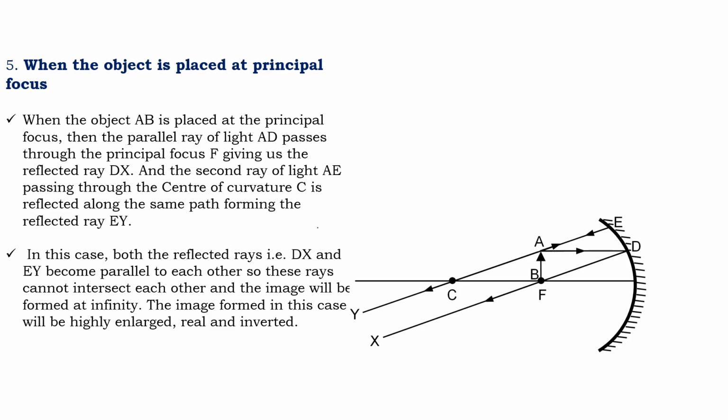Fifth case. We started from infinity. We were beyond C. Then we came on C. Then we came between C and F. Now we are at F. When the object is placed at the principal focus, what will happen? Please look here. The object AB is placed at the principal focus.